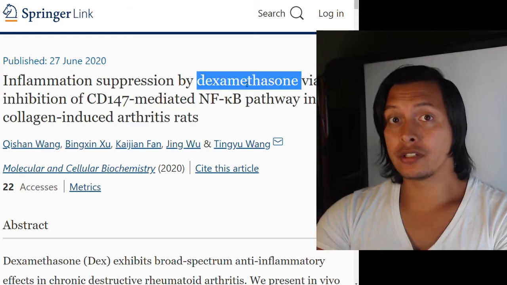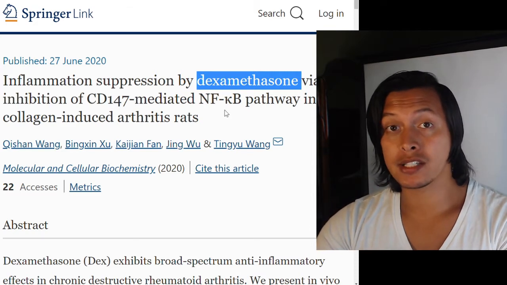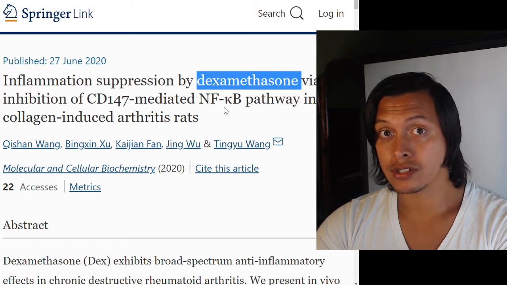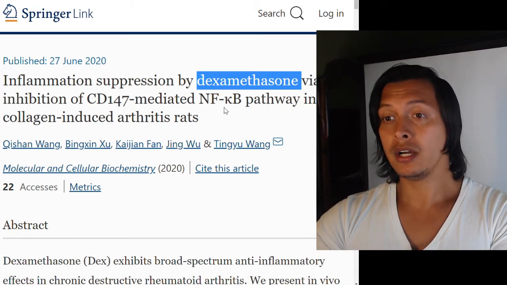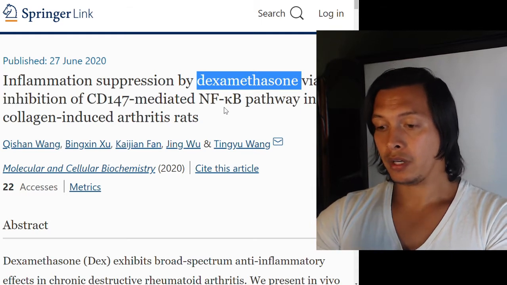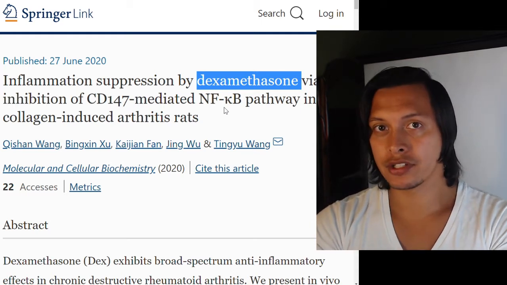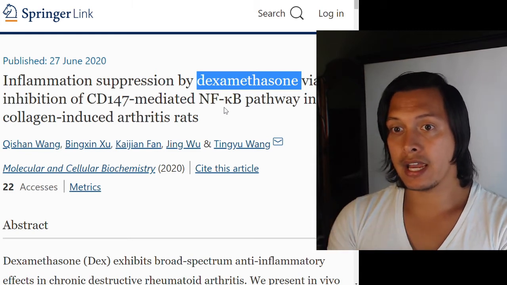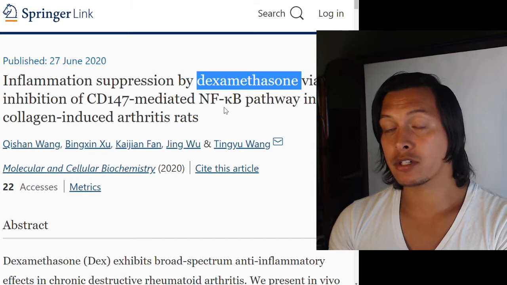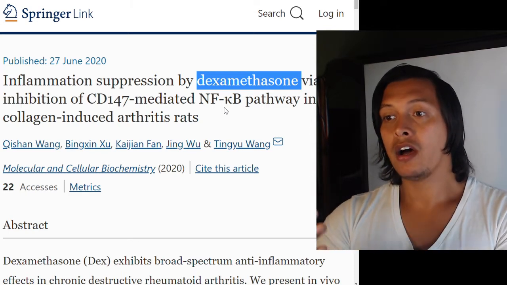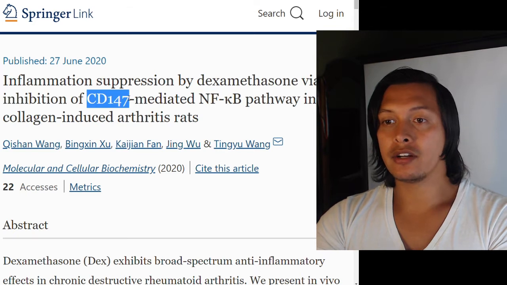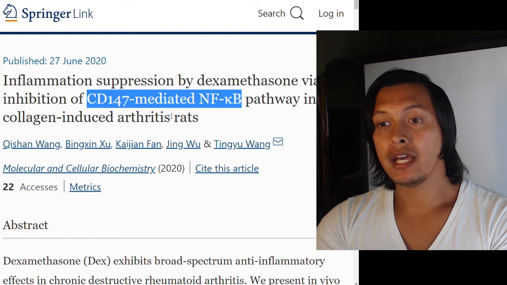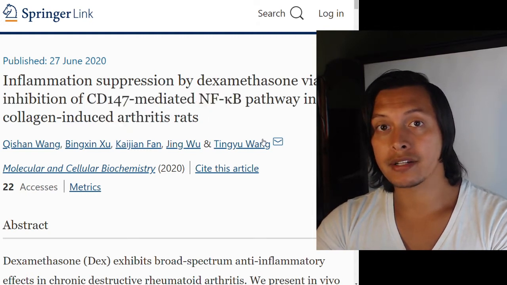So here, dexamethasone does seem to have a very positive effect in the critically and severely ill COVID-19 patients, not the mild ones, but the critical ones. This causes inflammation suppression, and they are arguing here that this anti-inflammatory response of dexamethasone is mediated through the CD147 nuclear factor kappa B pathway in collagen-induced arthritis.